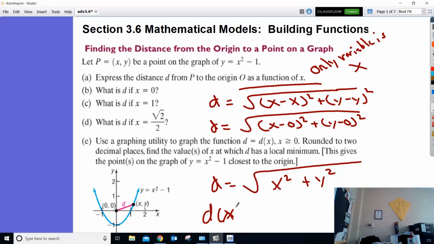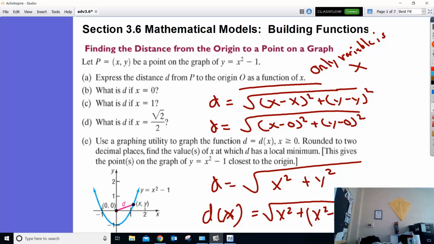Distance as a function of x is the root of x squared plus (x squared minus 1) all squared, because y was squared. How many unknowns does that have? 1. That is a function of x.